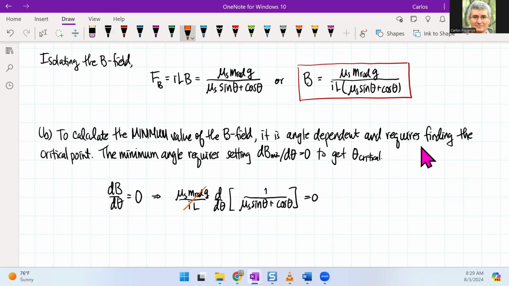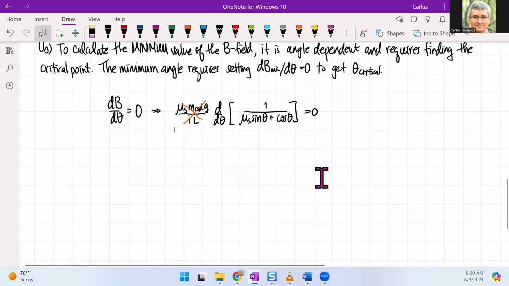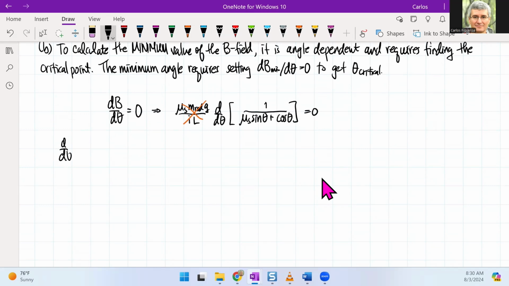So in other words, we don't care about this. If I take the derivative of this term, what do I see? I'm going to have d d theta of mu_s sine of theta plus cosine of theta. So I take the derivative of the top minus the derivative of the bottom.